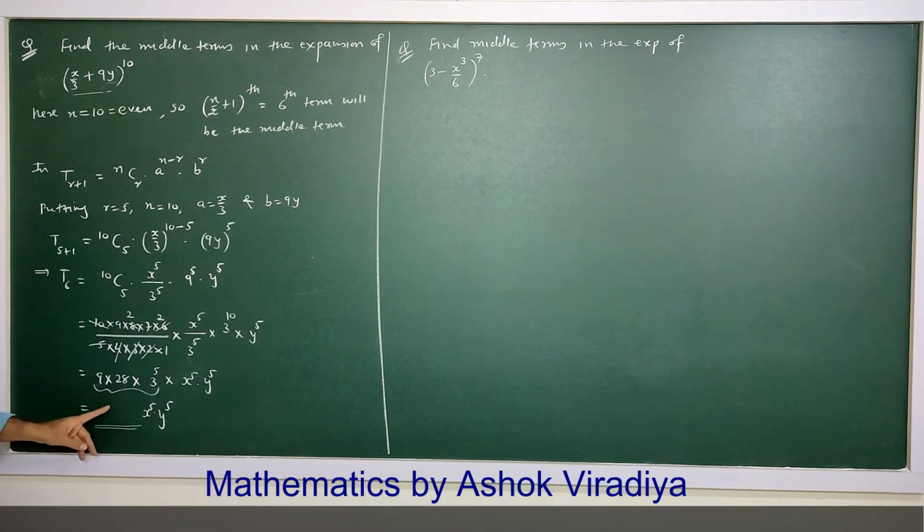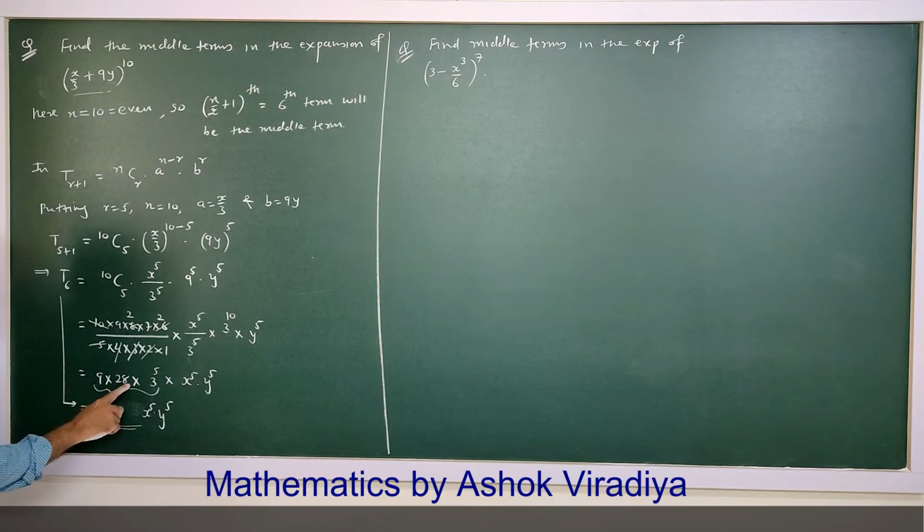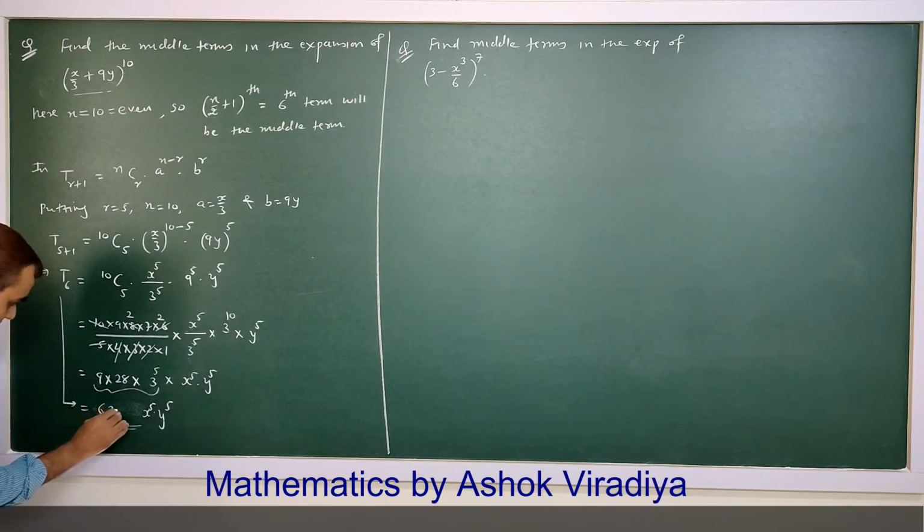So this will be the middle term. After putting the value here, you can calculate. You can say the sixth term is the middle term. So let me calculate how much it is. 9 into 28 into 3 raised to 5, it is 63423.